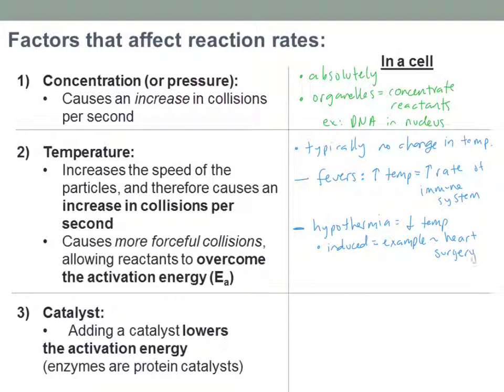There are ways to bypass the heart and lungs and stuff. There are machines for that, but sometimes people just lower the body temperature of a patient like crazy so that when they stop their heart so they can work on it, that person doesn't die, right? And the idea is that when they lower the body temperature, you're slowing down all of the reactions that occur in the body, right?